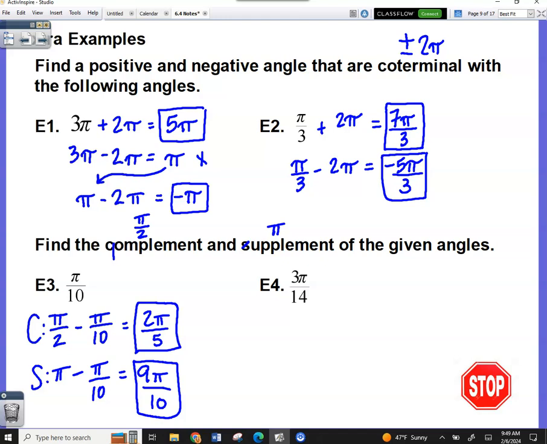When you're dealing with pi, you can also do it in your head. Write the 1 pi as a fraction, remember it has to use the denominator of the other one. So 10 over 10 would be 1 pi. 10 over 10 minus 1 over 10 leaves me with 9 over 10. And then you can kind of see that one in your head.